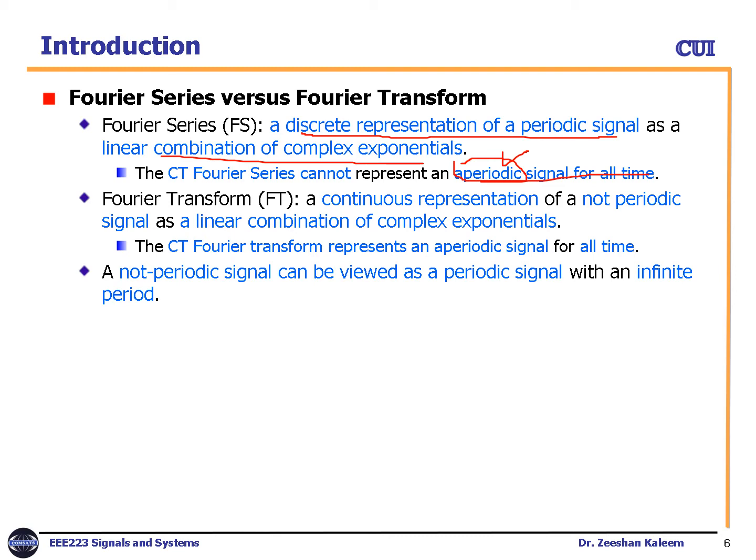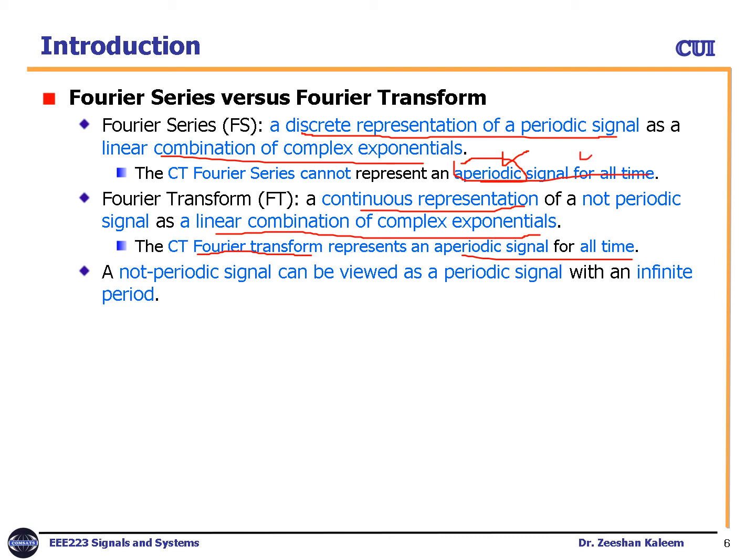The Fourier transform is a continuous representation of a non-periodic or aperiodic signal as a linear combination of complex exponentials. The continuous time Fourier transform represents an aperiodic signal for all time, whereas the continuous time Fourier series doesn't.